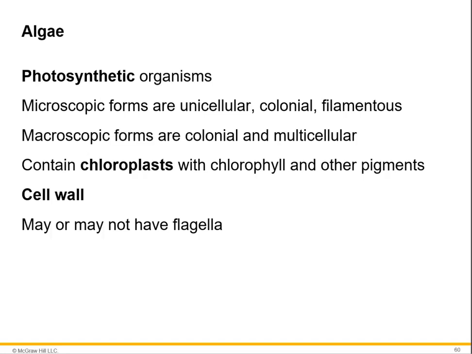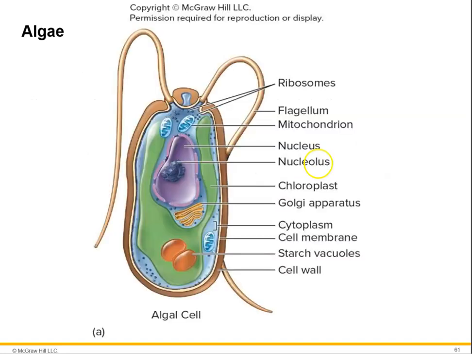Algae are photosynthetic organisms, so they have chloroplasts, which contain chlorophyll. They have a cell wall, and they may or may not be motile. They may or may not have flagella. You can see an algal cell here has 2 flagella.